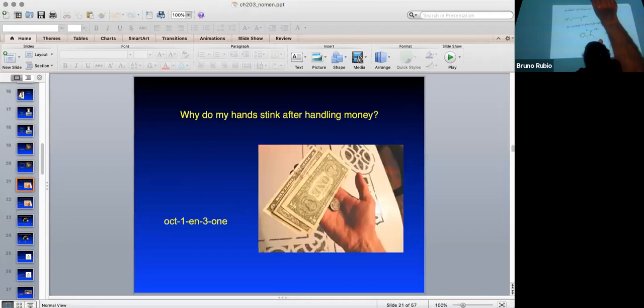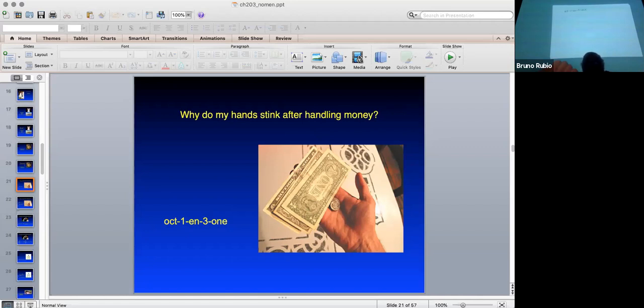Okay, so let's try this one. Oct 1-ene 3-one. Okay, have you ever noticed that your hands stink after you handle money? Well, why is that? Well, that's because all money, paper money included, has metal ions in it.